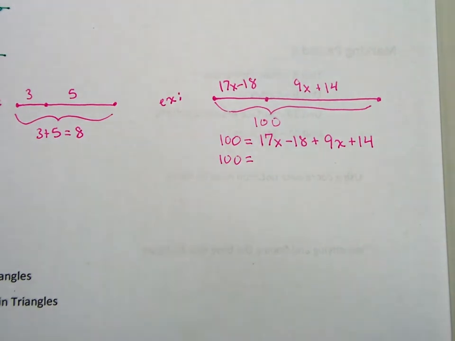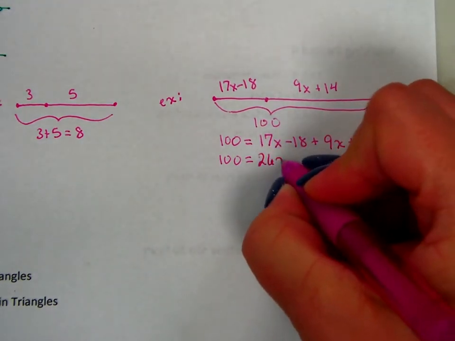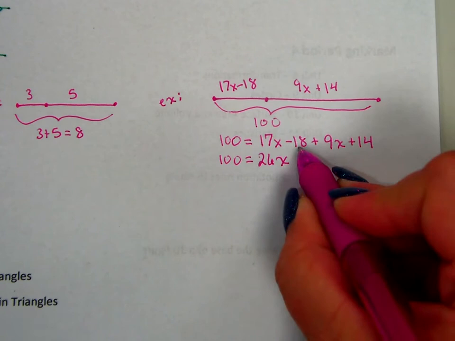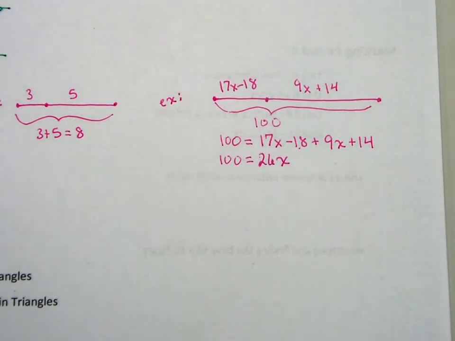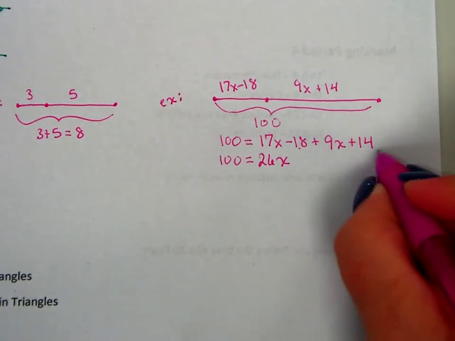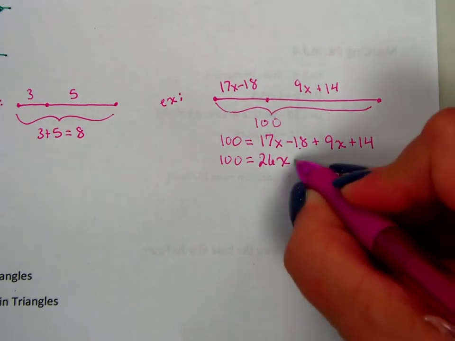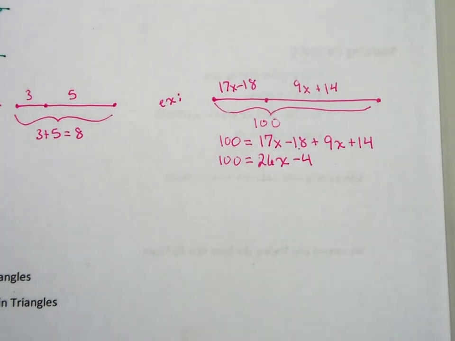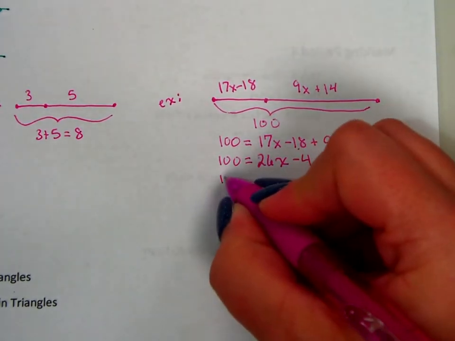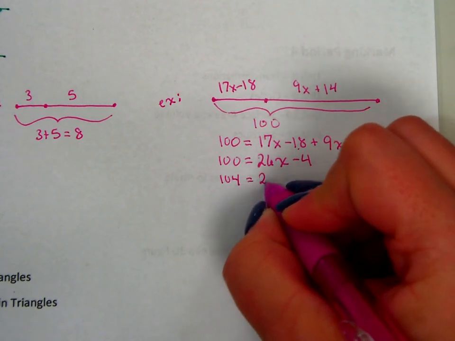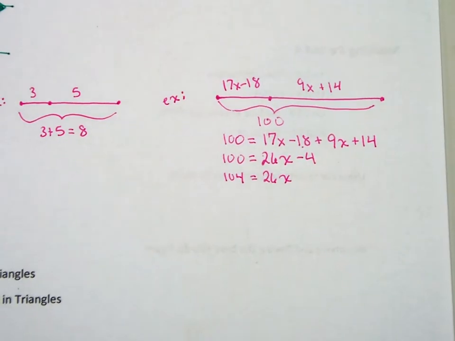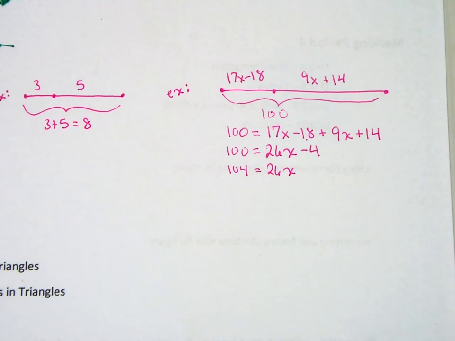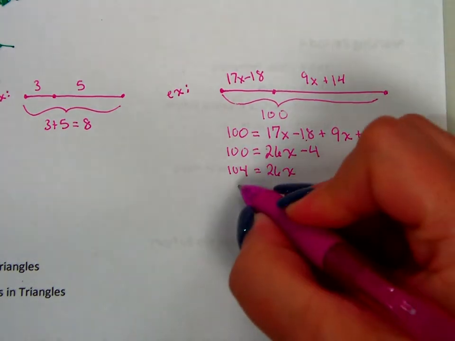When I combine these like terms, 26x. And then negative 18 plus 14 is negative 4. I'm going to add 4 to both sides. And then I'm going to divide by 26. So it's 104 divided by 26. x equals 4.